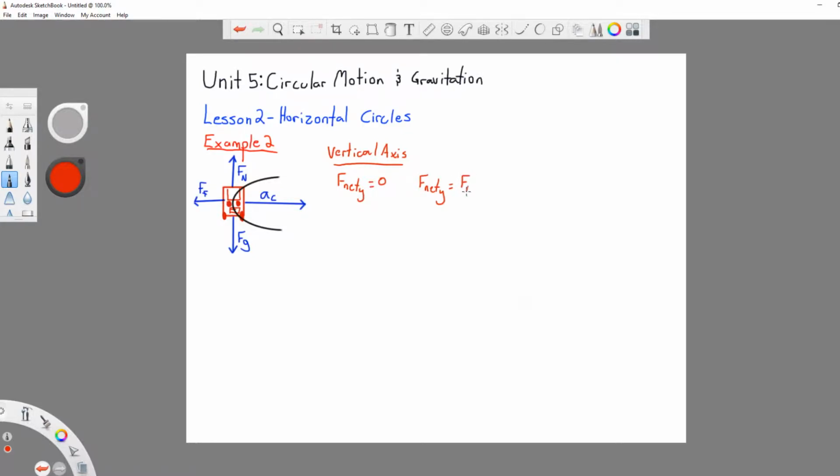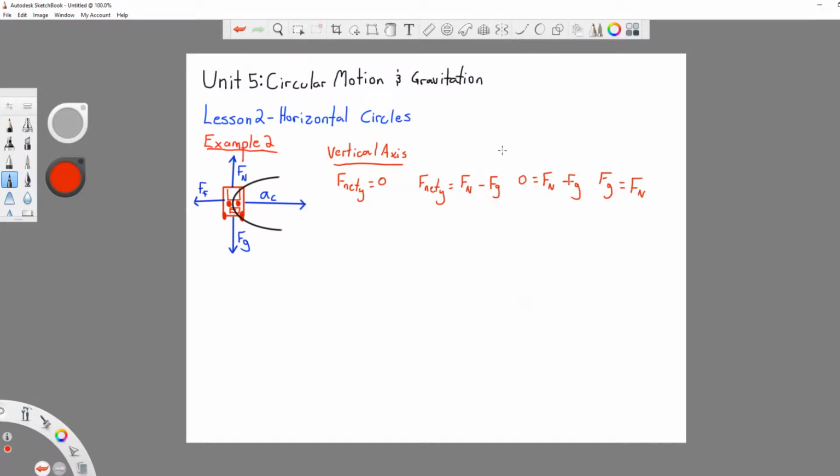So upwards here we have force normal, downwards, so I'm putting a negative sign, minus force of gravity. If we want to combine these two formulas, we can substitute the 0 for F net and say that 0 is equal to the normal force minus force of gravity. If we want to rearrange this further, we can show the proof that force of gravity is equal to normal force. I think at this stage we can do this largely in our heads.